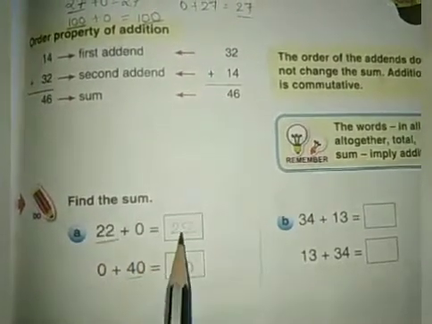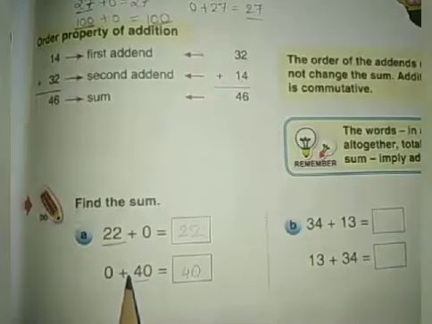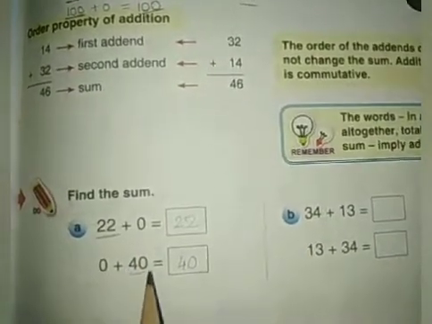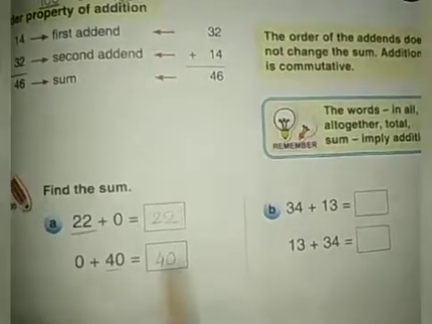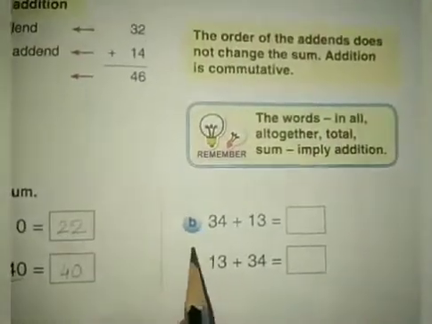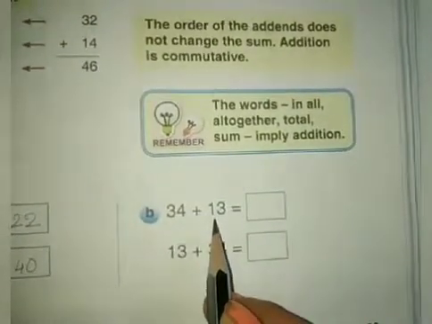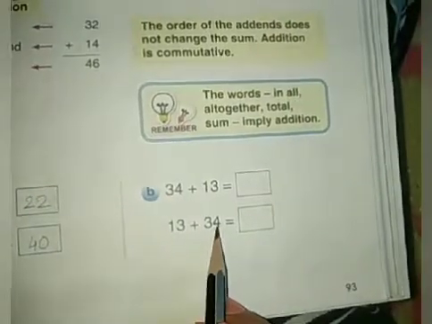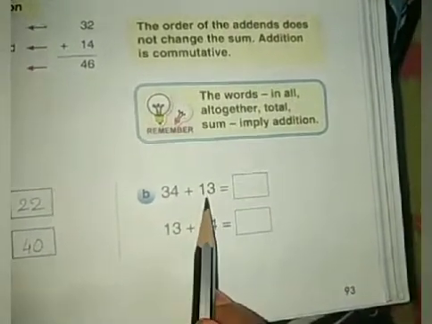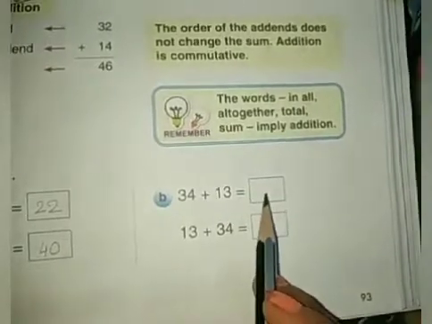22 plus 0 is 22 only. When you add 0 with any number, then the answer will be the number itself. This is the zero property of addition. Now see this B1. 34 plus 13, or 13 plus 34. Any one sum we will solve in the rough book, and then we'll write the answer here.